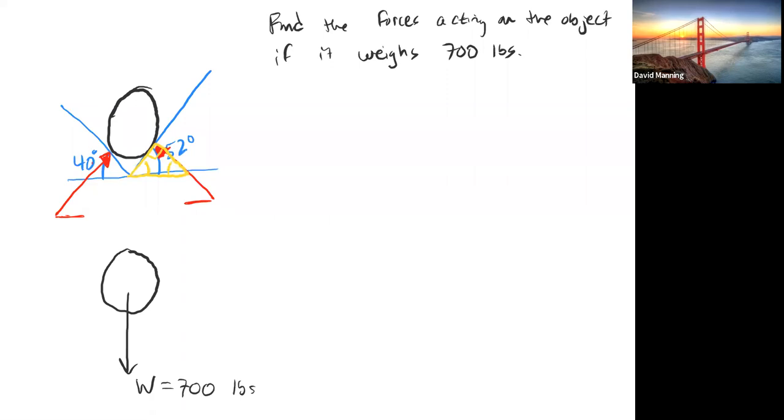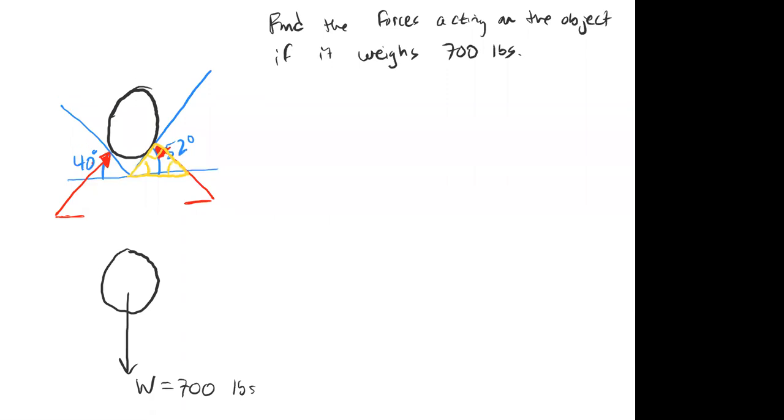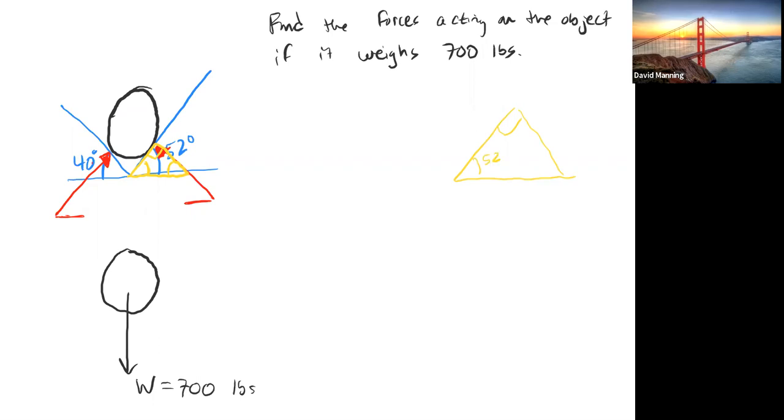What does that make this angle? 38. Right? This is our right triangle, 52, and this has to be 38 degrees. So the force in our free body diagram, we can call this guy A, acts at 38 degrees.